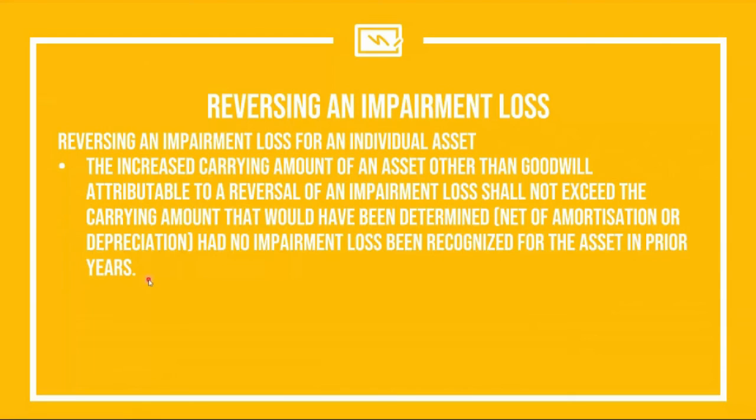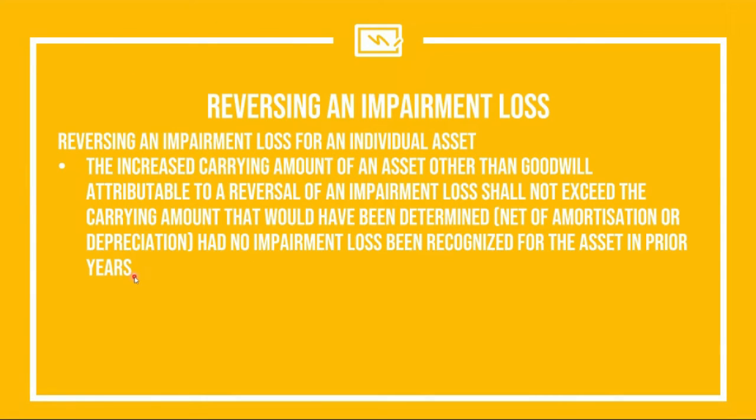So, the increased carrying amount of an asset other than goodwill attributable to a reversal of an impairment loss shall not exceed the carrying amount that would have been determined, net of amortization or depreciation, had no impairment loss been recognized for the asset in prior years.